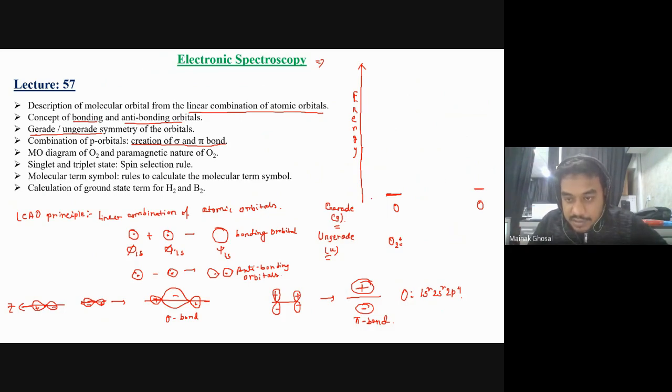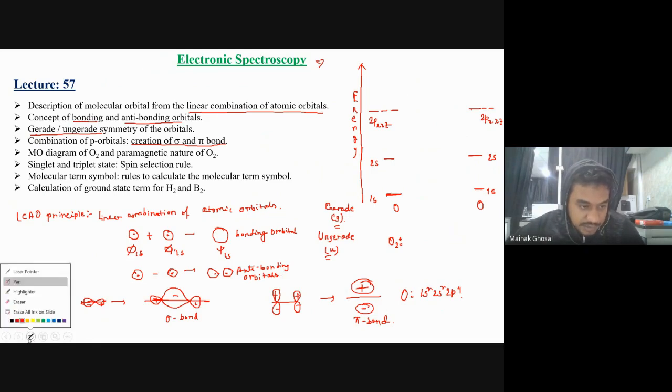This is 2s, there is 2s. There is 2p, there is 2p, 2px, py, pz, there is also 2px, py, pz. These are nothing but oxygen. Okay. So for oxygen, I am just drawing how it actually looks.